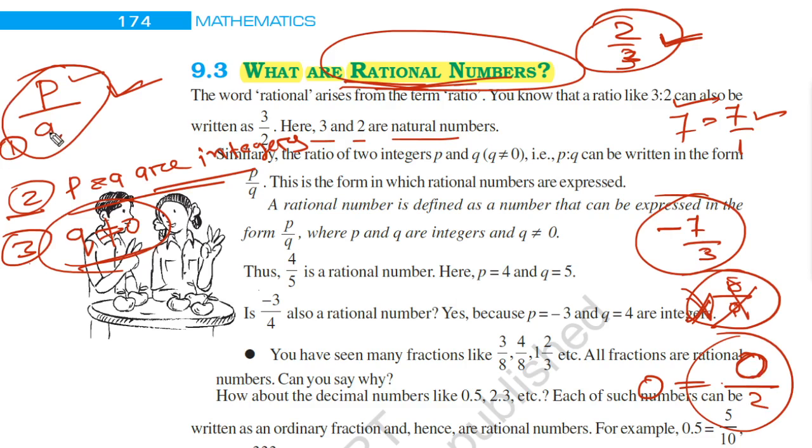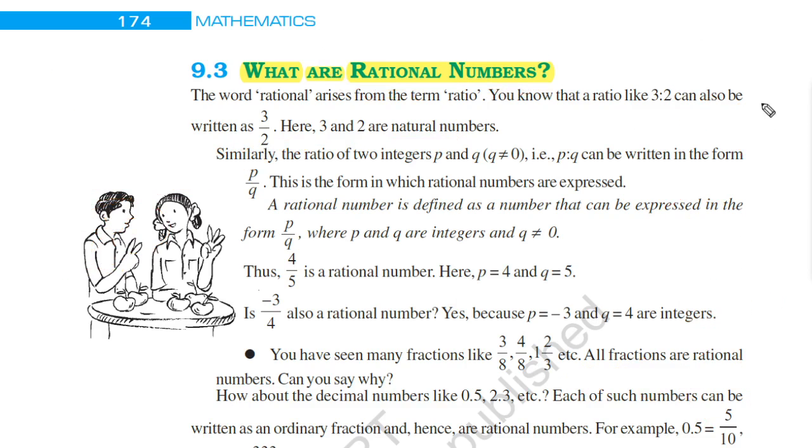So here you can see the p by q form; it satisfies the first condition. Second condition, p and q are integers: 0 and 2 are integers. q is not equal to 0: here q is 2, and 2 is not equal to 0. So you can say 0 is a rational number. So we got several examples, and we found what are rational numbers and what are not rational numbers.